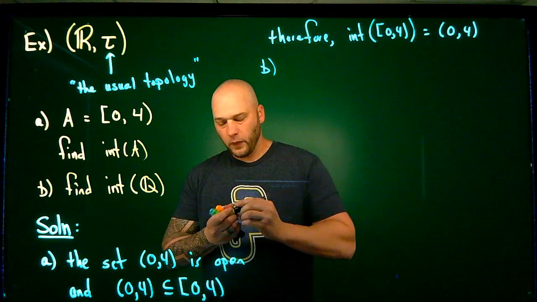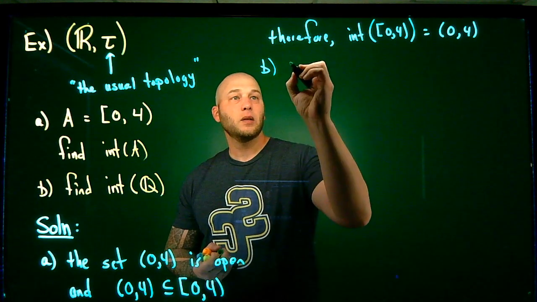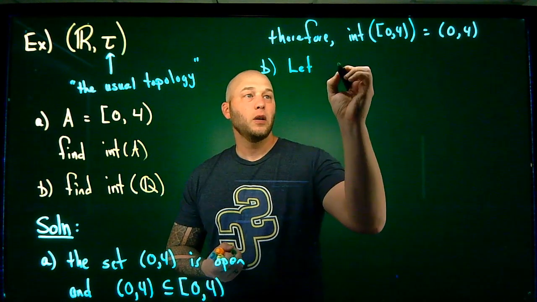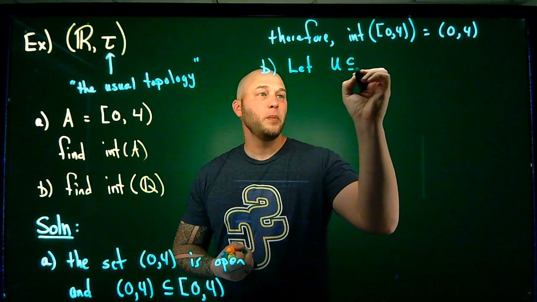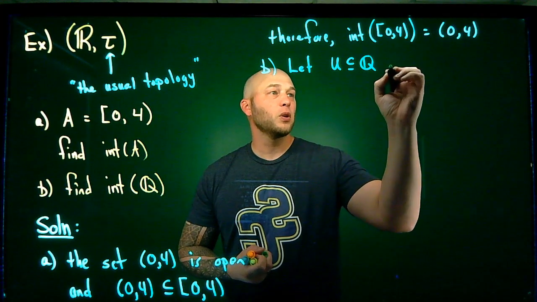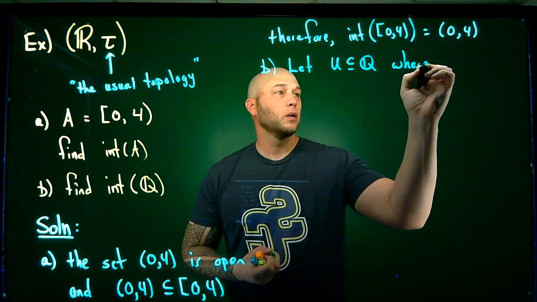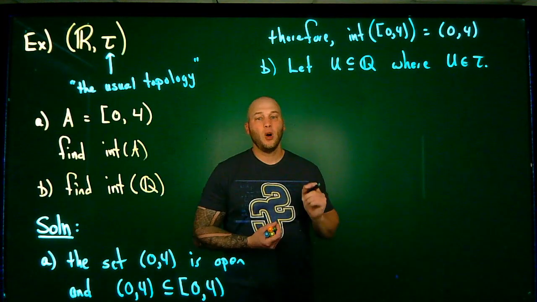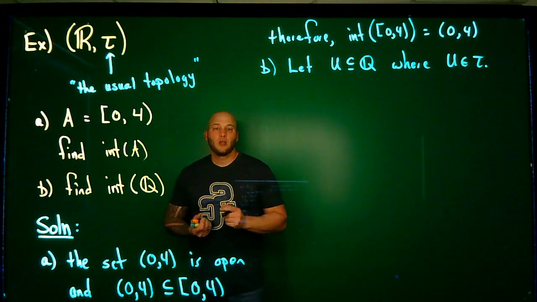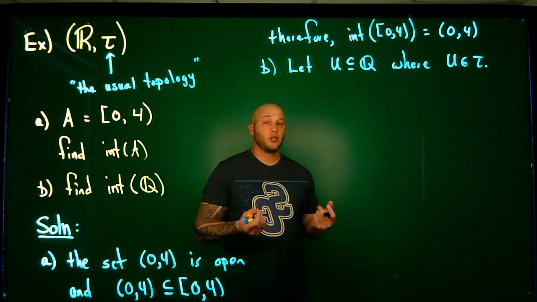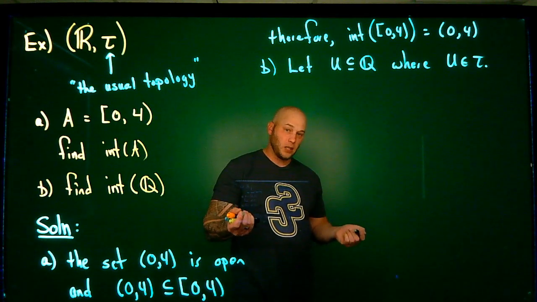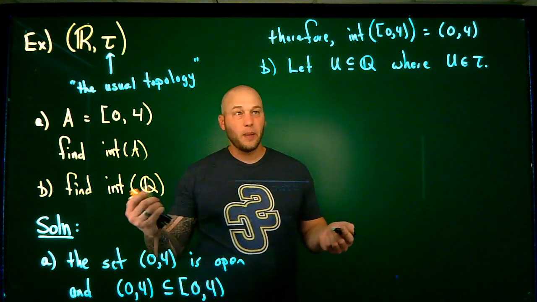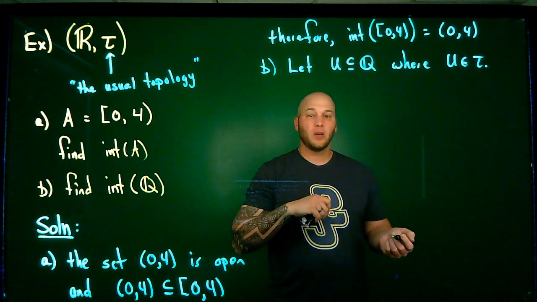So what I want to do is let U be a subset of the rationals where U is open. So the question is, is the set U empty or non-empty? Clearly the empty set is open and is a subset of the rationals.